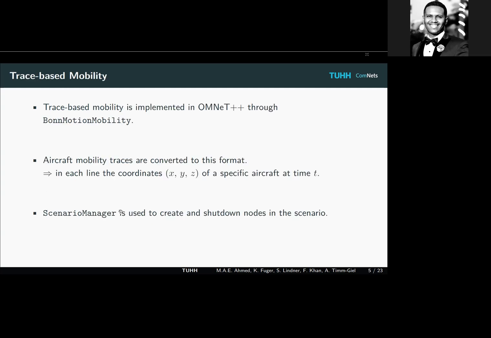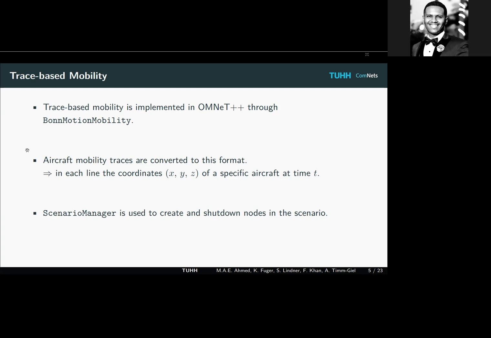So I start with the first component, the trace-based mobility. As I mentioned, we use an already implemented mobility model in OMNeT, the BonnMotion mobility. The important point here is that aircraft traces are normally given in latitude, longitude, altitude. So we need to convert them to a proper format which is readable by BonnMotion mobility.